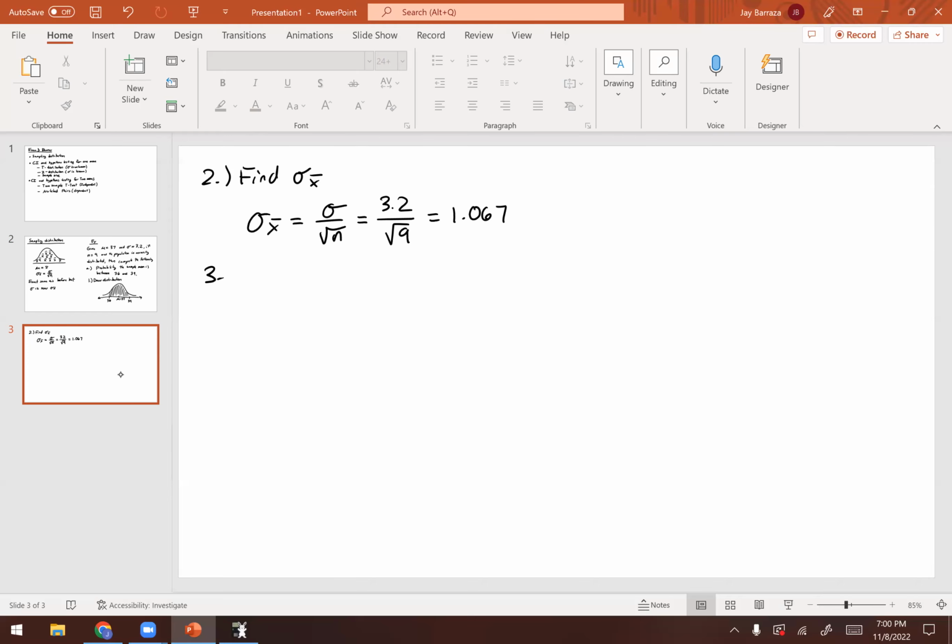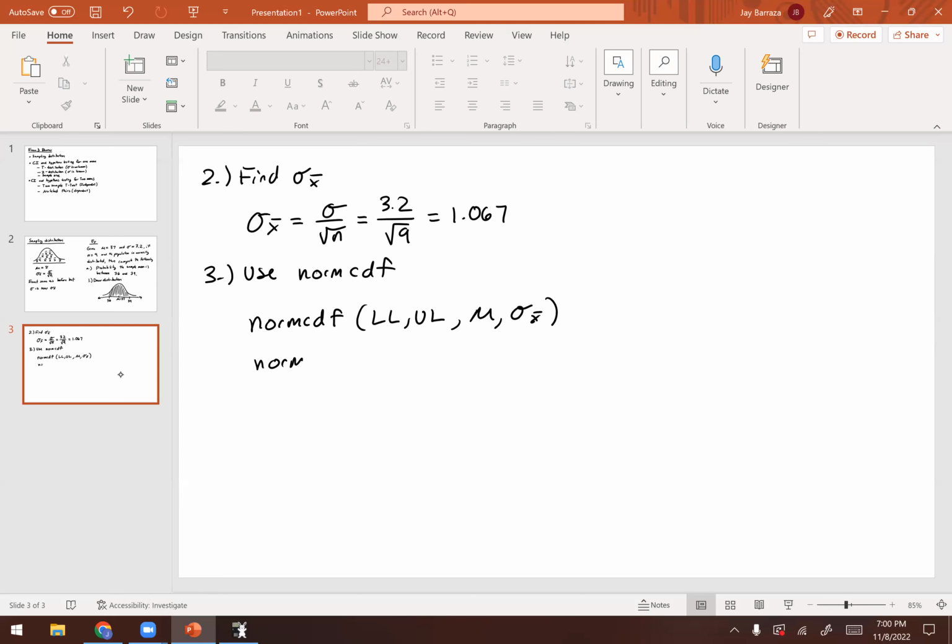And then step three is to use norm CDF. Remember, we never ever use norm PDF, just CDF. Right? So norm CDF of your lower limit, comma, your upper limit, comma, mu, comma, sigma x bar. Like that.